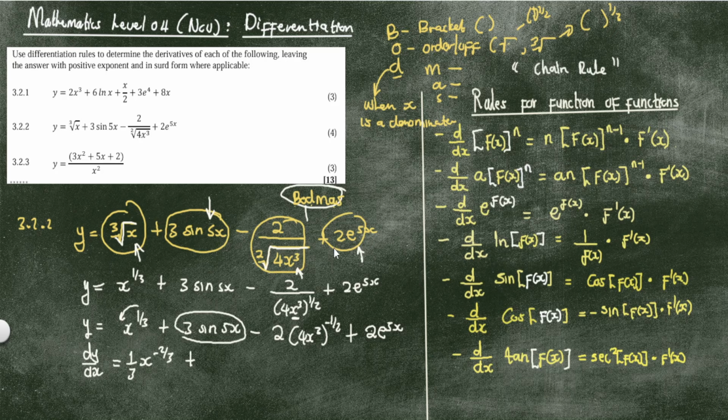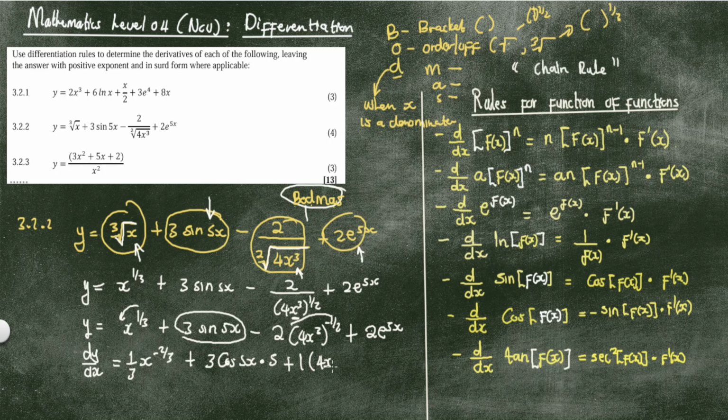The derivative of sine is just cos, so it's going to be 3 cos 5x multiplied by 5, because we are differentiating the function inside. Minus this multiplies that out: minus 2 multiplied by minus half gives us a plus 1.